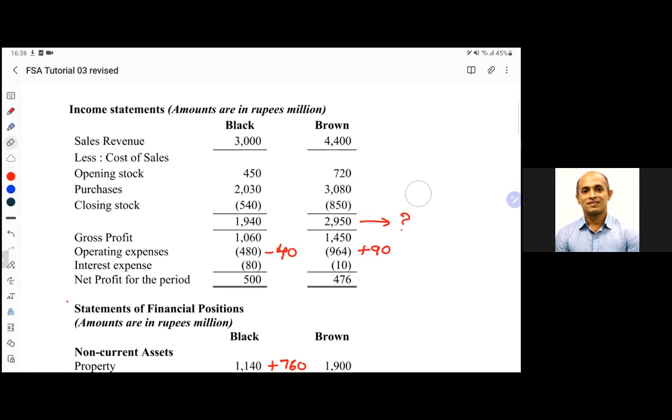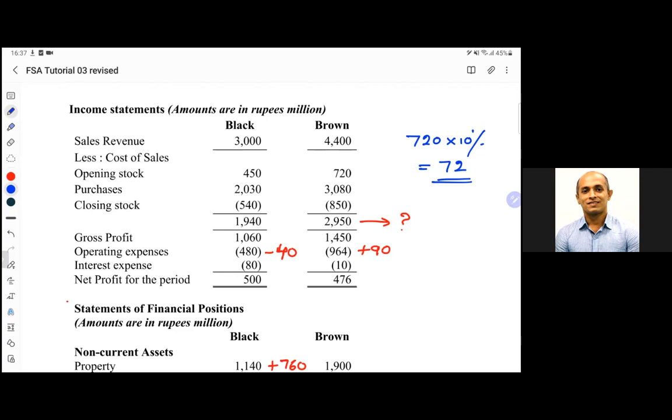So how much lower? 720 multiplied by 10%. The price adjustment is 72. This 720 is at last year's price, and during the year prices increased by 10%.